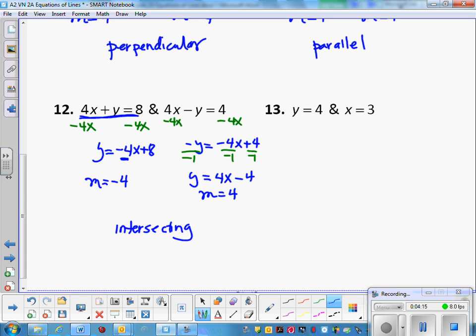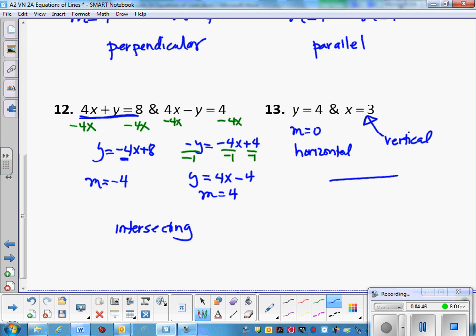13, y equals 4 and x equals 3. So y equals 4, we know, is going to have a slope of 0, but how about x equals 3? We really haven't talked about that slope yet, have we? So let's think about it. y equals 4 is a horizontal line, and x equals 3, maybe you remember from the past, is a vertical line.